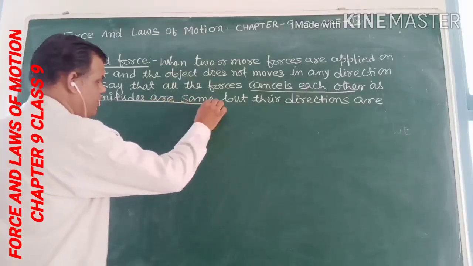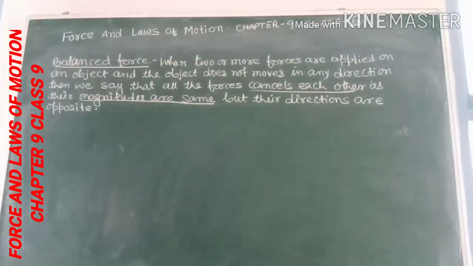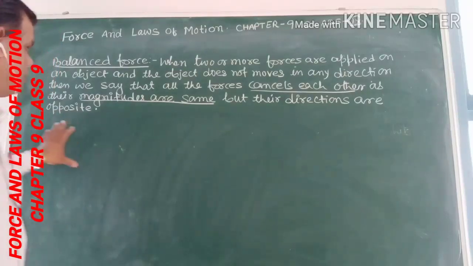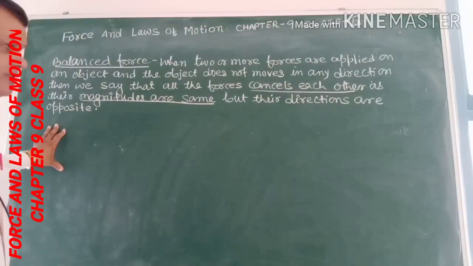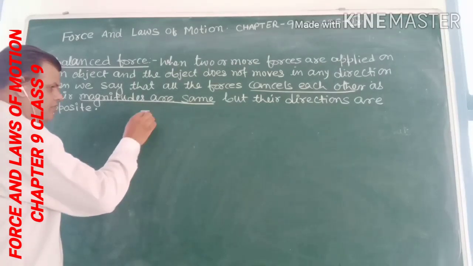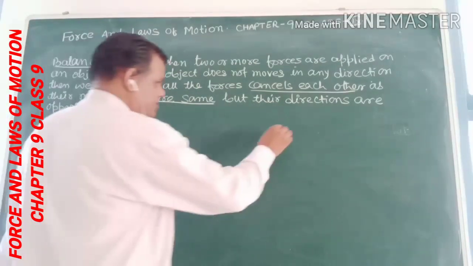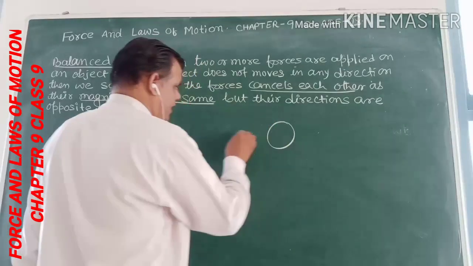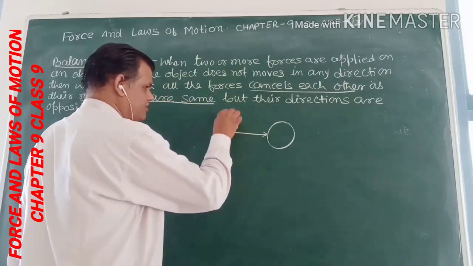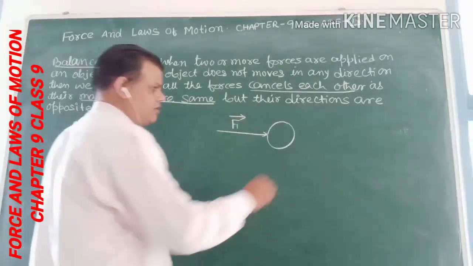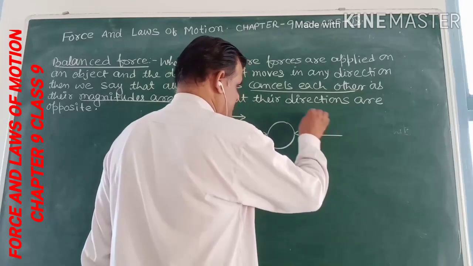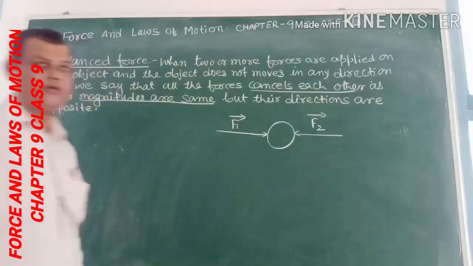That is, they are applying the same value of force, but their directions are opposite. Mathematically, suppose this is an object, and in this object force F1 is applied in this direction and another force F2 is applied in the opposite direction.